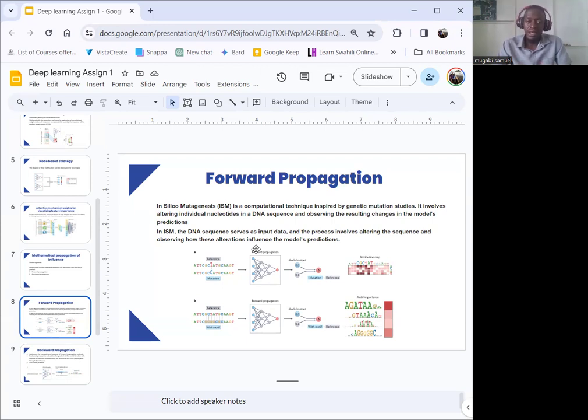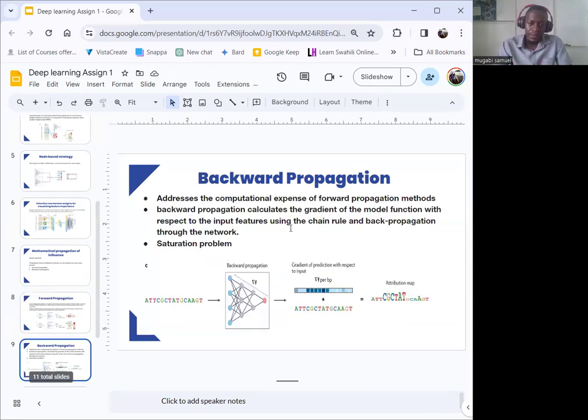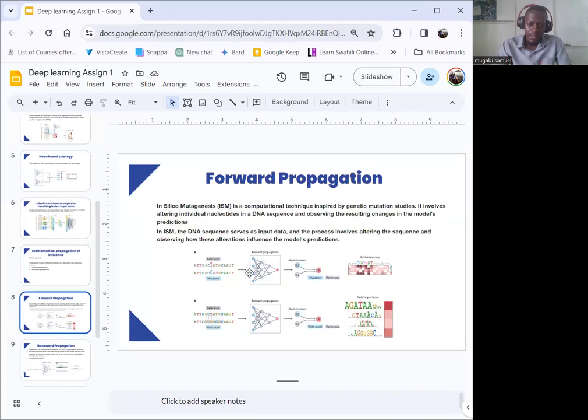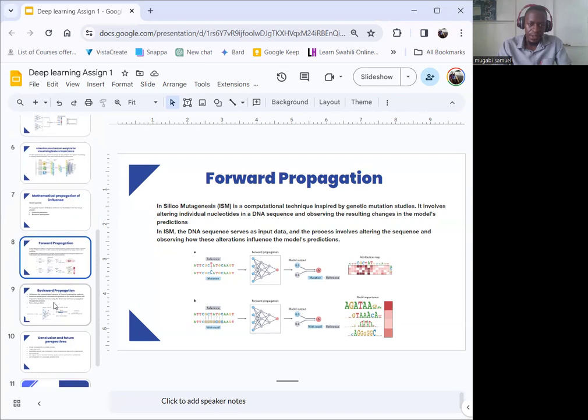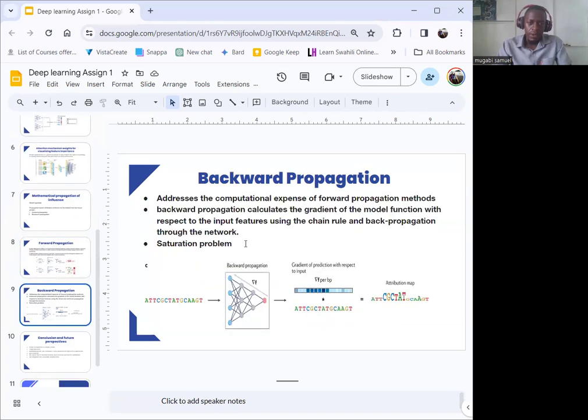From this, the most important features to the model are observed, to explain why a model is predicting this and this according to those features. Just like you can see in the illustrations there.